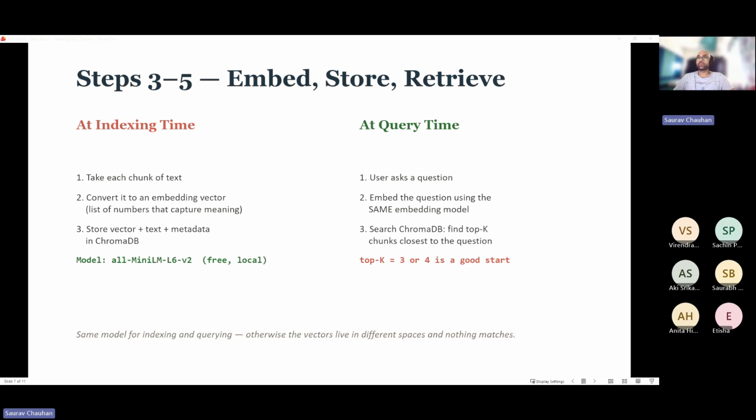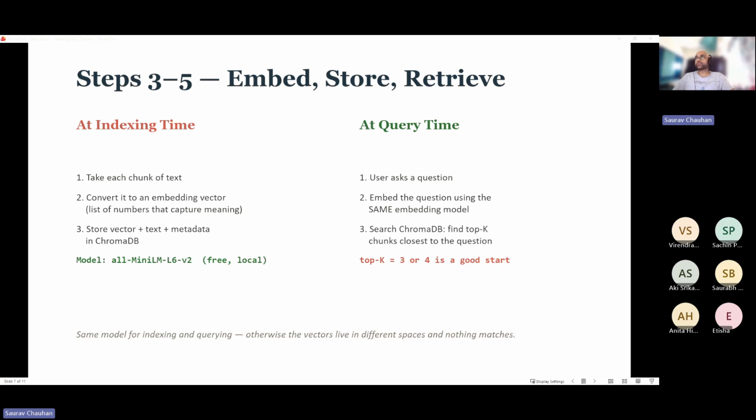One model has its own learning and its own understanding, so the way it converts text into numbers would be different from what a different model would do. So you should use the same embedding model both when you're indexing and when you're querying.